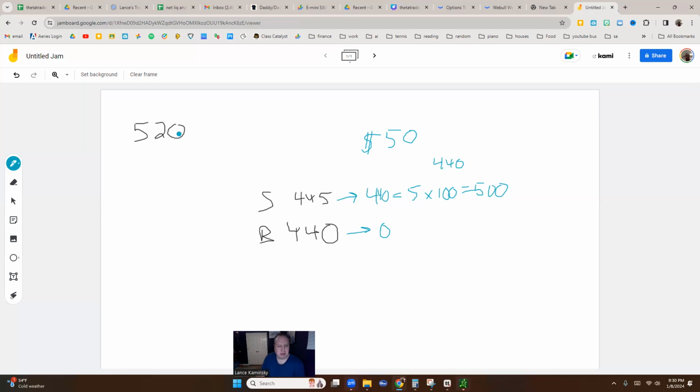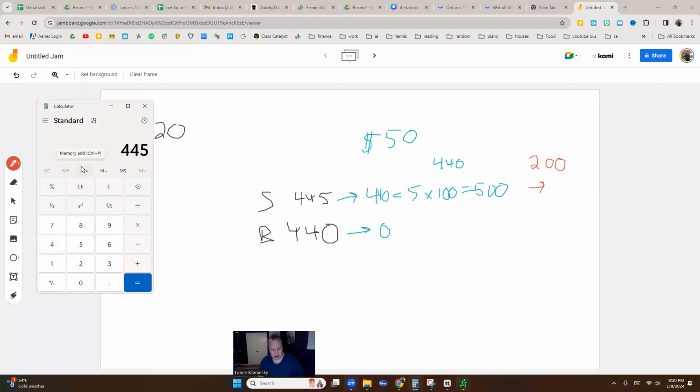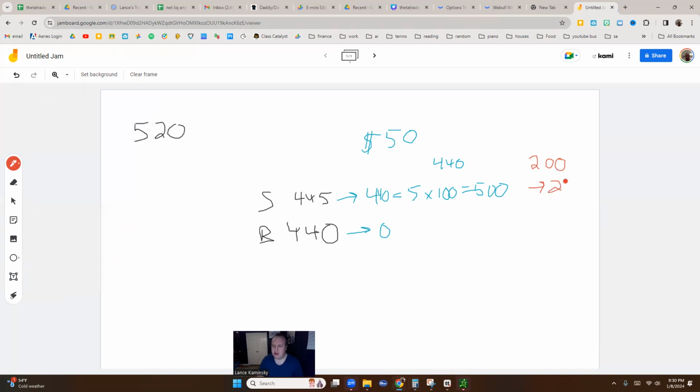Now, let's say it dropped even more than that. This is what Vandal was asking: what if it goes to like 200? Let's see what happens at 200. From 445 to 200, that's a huge loss. You lose 245 times 100, so you're down $24,500. But if you bought the 440 put, that's going to be worth a lot of money, right?